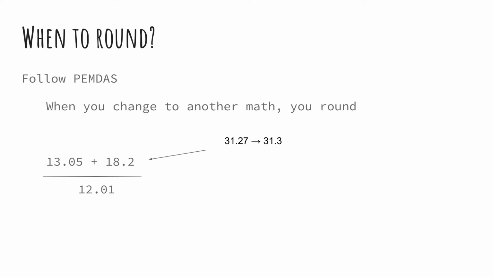The addition gets you 31.25, but then with significant figures, only one decimal place, so it becomes 31.3, and you do your rounding, because now you're switching from the addition problem to the division problem. So 31.3 divided by 12.01. 31.3 has 3 sig figs, 12.01 has 4 sig figs, so your answer has 3 sig figs. And the answer to this math problem is 2.61. So whenever you switch from one kind of math problem to another, that is when you do your rounding.